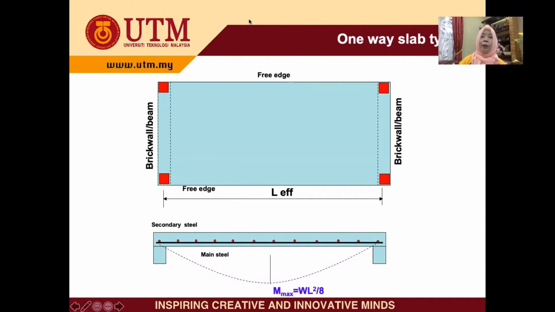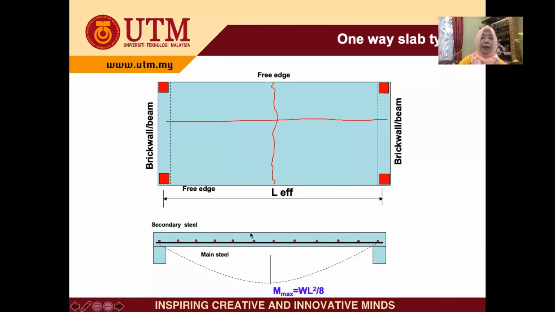We need to imagine the pattern of cracking. Of course, the cracking will happen at the center of the slab, because here we have the supports, so it will crack or break in the middle. Therefore, we must design the steel to overcome this crack.